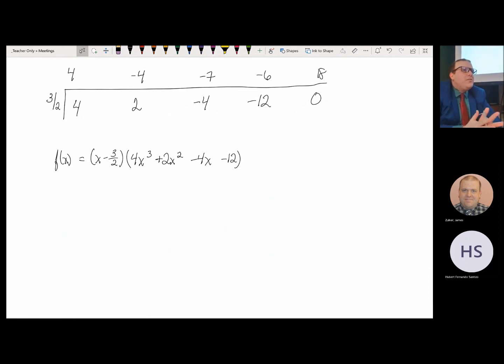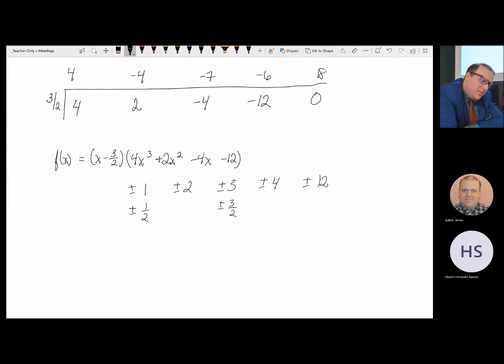Factors of 12. Factors of 4: 1, 2, and 4, right? So plus minus 1/2, plus minus 3/2, and plus minus 6.